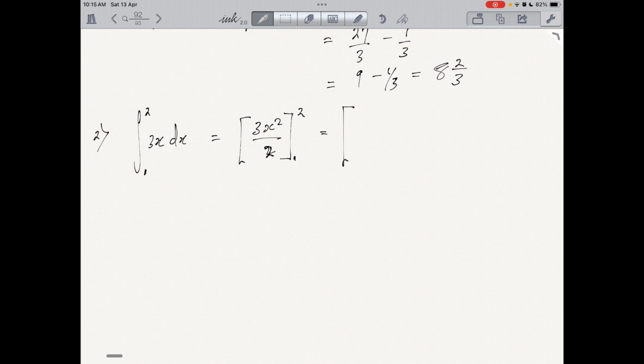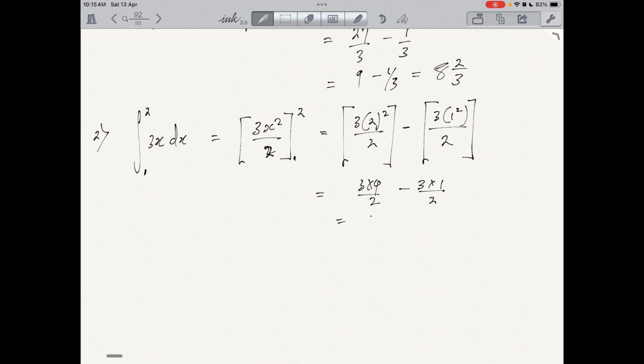That is 3 into 2 squared over 2 minus, we substitute our lower limit, which is 3 into 1 squared over 2. So simplifying this, we will have 3 times 4 over 2 minus 3 times 1 over 2. And this is 12 over 2 minus 3 over 2. This is 6 minus 3 over 2. And it will give us 4 1 over 2.